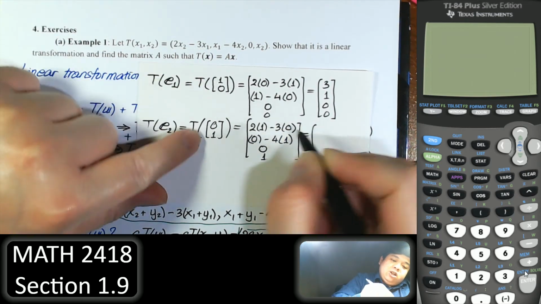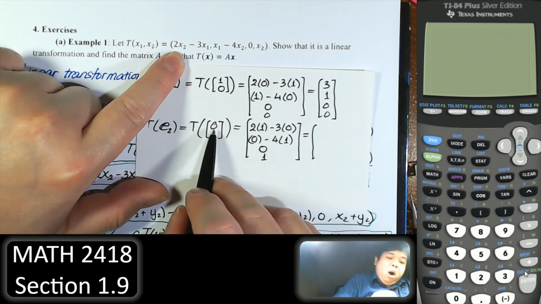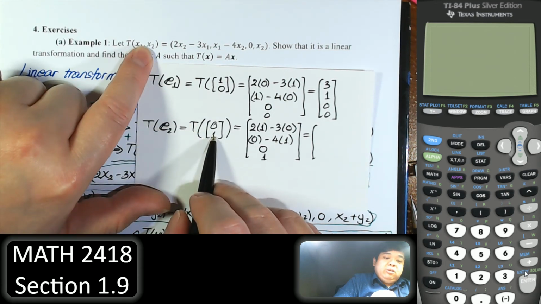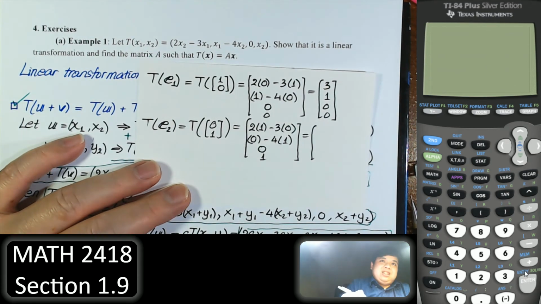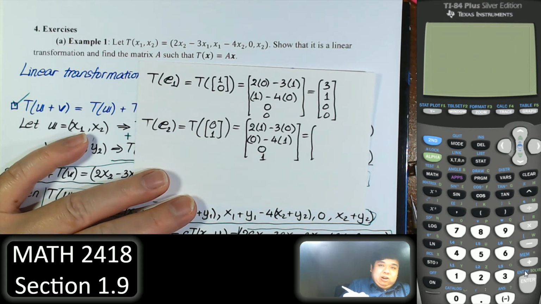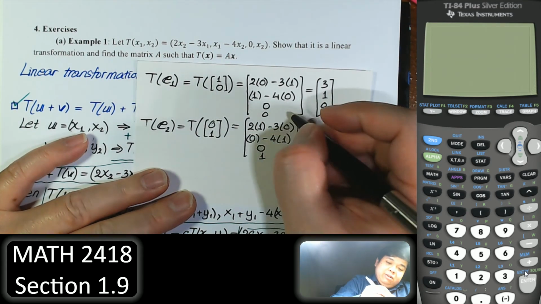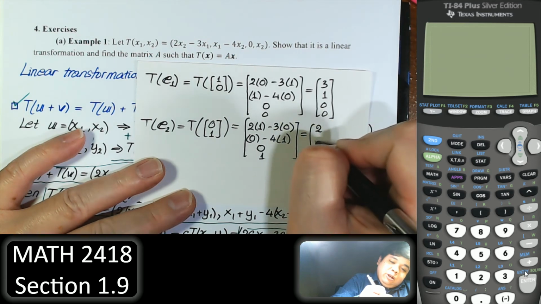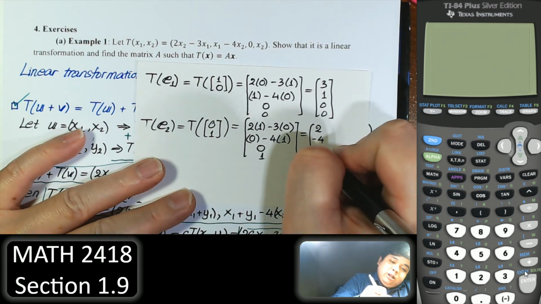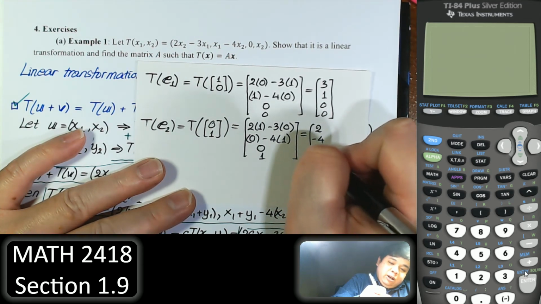Yeah, just replace 0 for x1 and 1 for x2 in the formulas and put that in the vector, or the column, and we have 2, -4, 0 and 1.